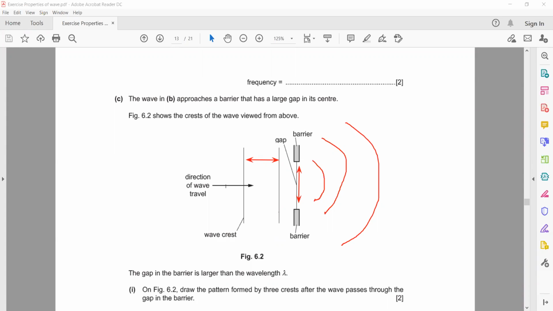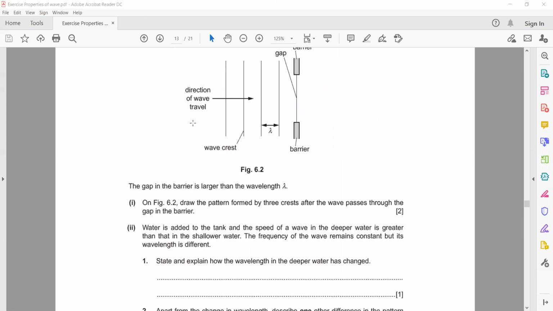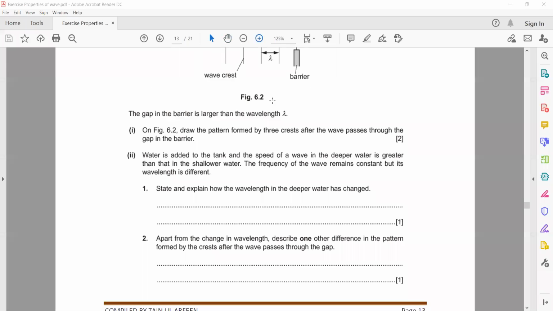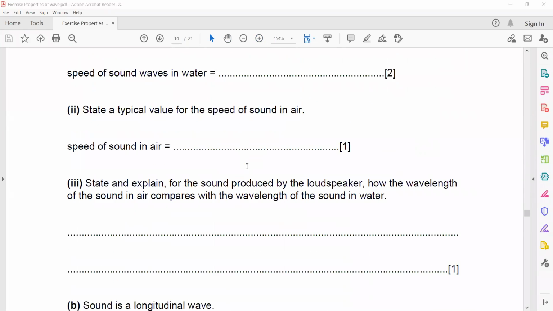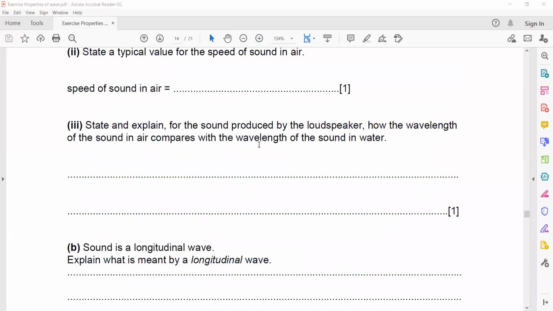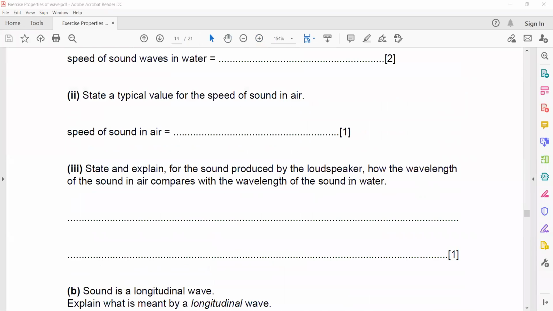Question 4A3. For A3, state and explain for the sound produced by the loudspeaker how the wavelength of a sound in air compares with the wavelength of a sound in water.